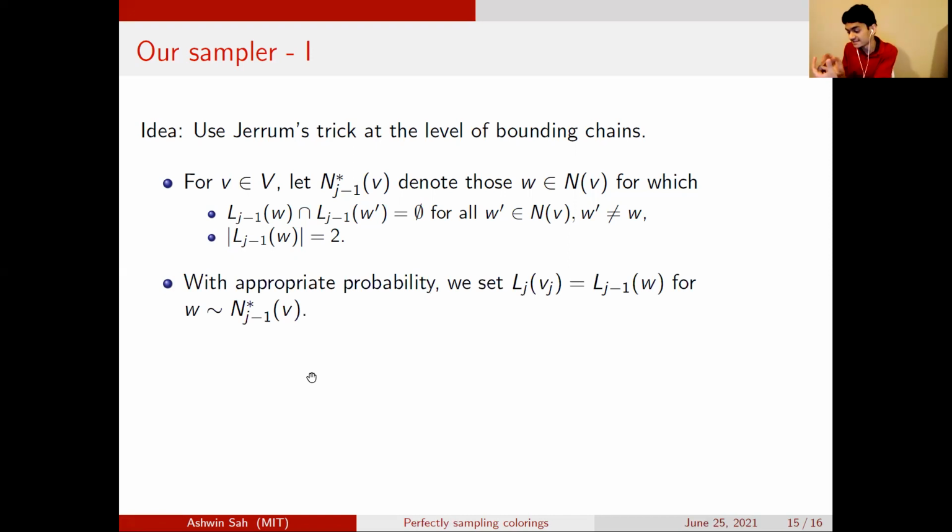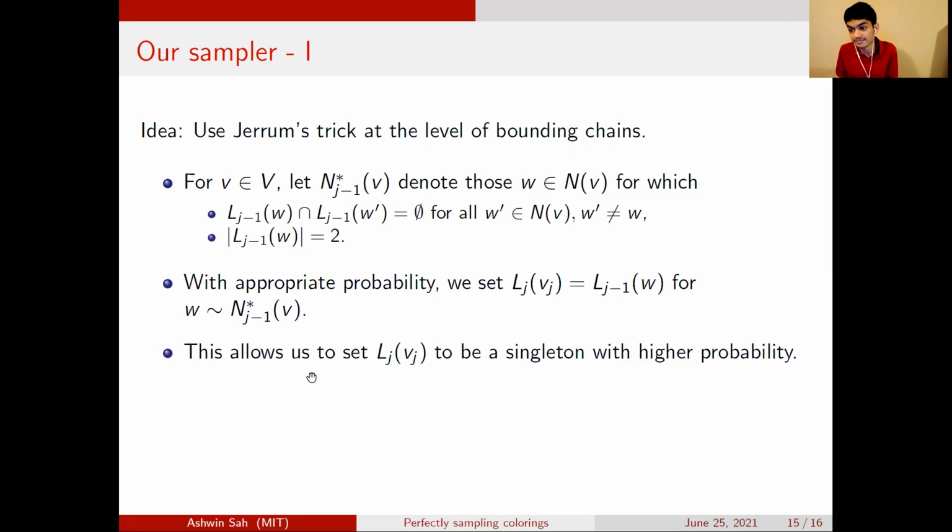And the key point is that since this list of size 2, since those colors can only appear in the neighborhood at that one vertex, we cannot have both of those colors appear in the neighborhood. And so whichever one appears, we could always recolor V to be consistent with this list by just choosing the other color. So similar to Jerem's analysis, we have this sort of pairing of these colors that allows us to be more efficient.